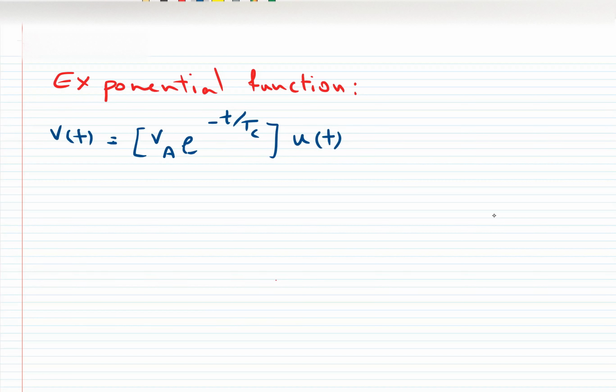Here, t is time, lowercase t, and the Tc is time constant. The unit of Tc is second, and of course, Va is the amplitude.